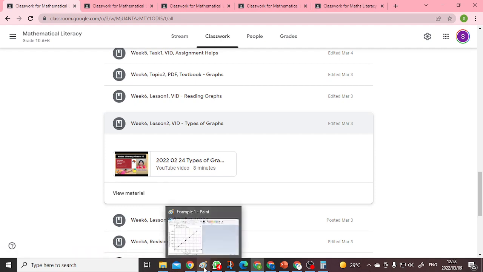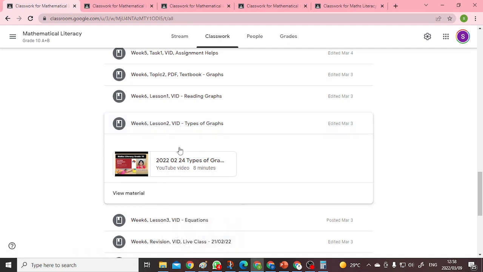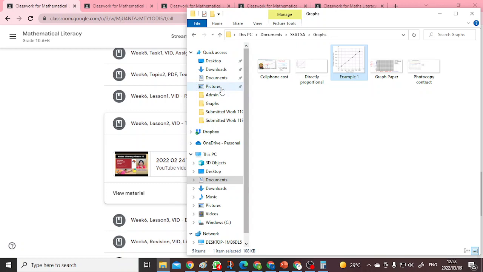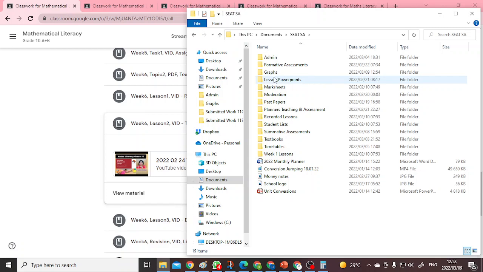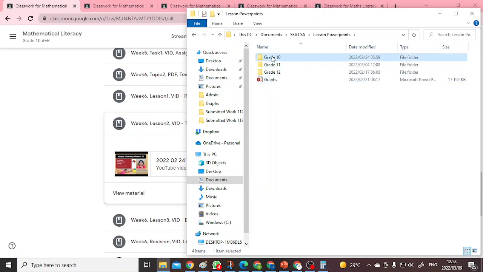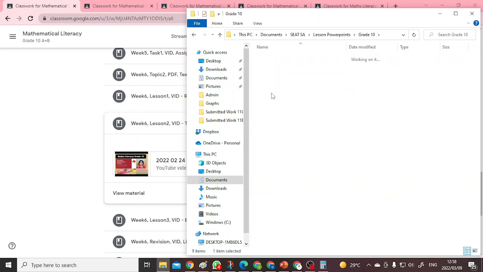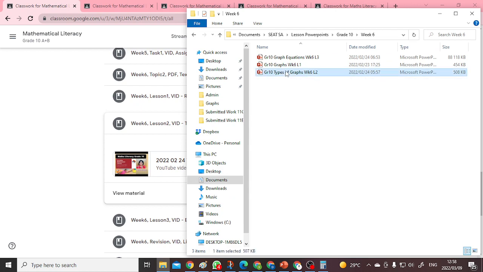I take you through graphs that decrease, then it's inversely proportional graphs. I take you through flat line or constant ratio graphs. Let me show you on the PowerPoint, then you can see what I'm talking about. I think it was week 6, types of graphs. Yeah.